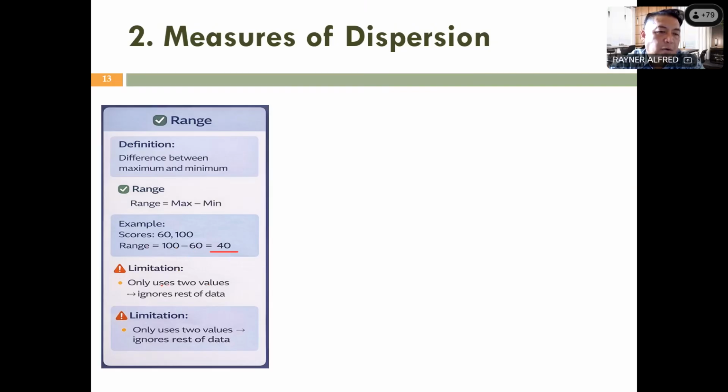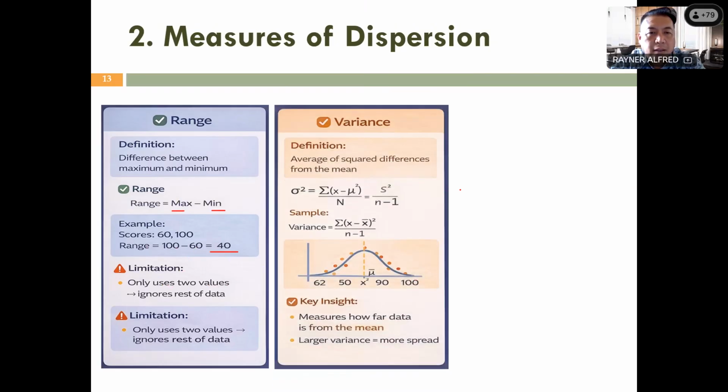The limitation is we only use two values, which are the max and min. And the second one is the variance. The variance is basically the average of squared differences from the mean. So we take the differences and then divide by n. Okay? So n is for the whole population and n minus 1 is for the sample. So you can either use this or this one.